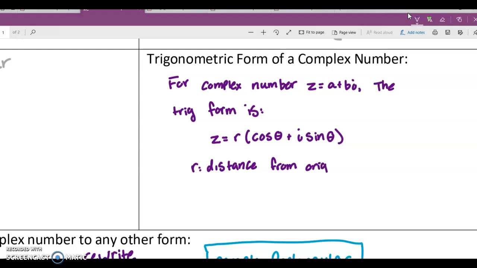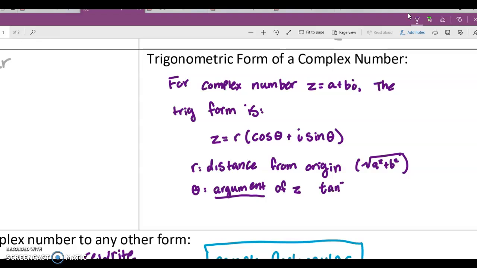So r is equal to the square root of a squared plus b squared. And theta, we call this the argument of z. So argument of z, and this is found by going tan inverse of b over a.